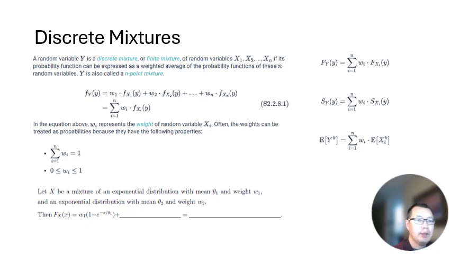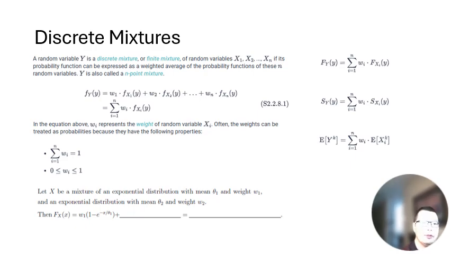The definition of this discrete mixture is that a random variable Y is a discrete mixture or finite mixture of random variables X1, X2 till Xm if its probability function can be expressed as a weighted average of the probability function of these n random variables. So Y is also called an n-point mixture.